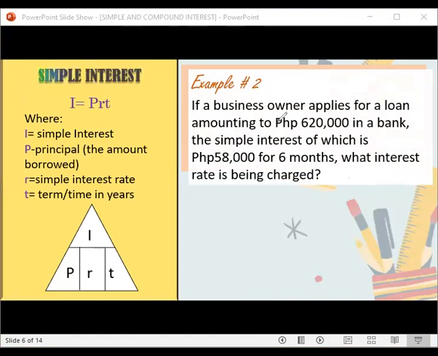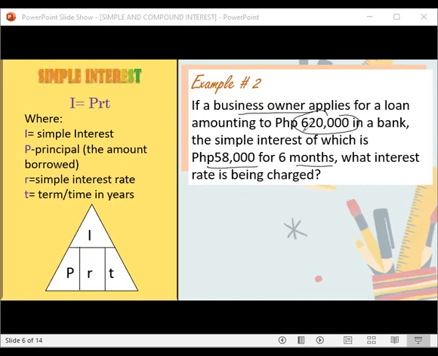Okay, so sabi dito sa example number 2, yung business owner daw ay nag-apply ng loan na 620,000 pesos sa bangko. At ang simple interest nun ay 58,000 for 6 months. What interest rate is being charged?